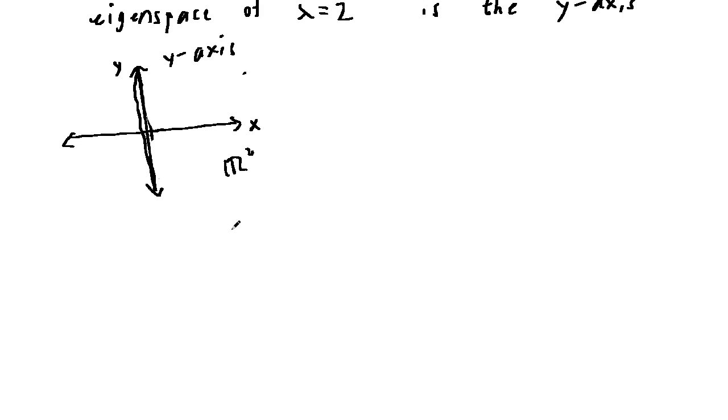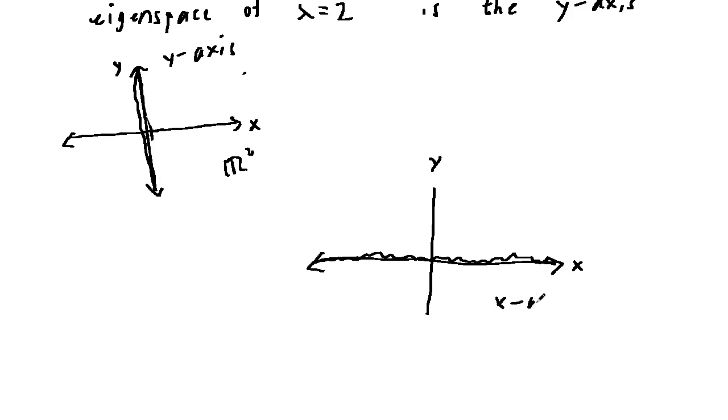The set of all vectors on the x-axis is the eigenspace of lambda equals 1. Okay. So that's this, the x-axis. Okay. This eigenspace is also a one-dimensional subspace of R2.